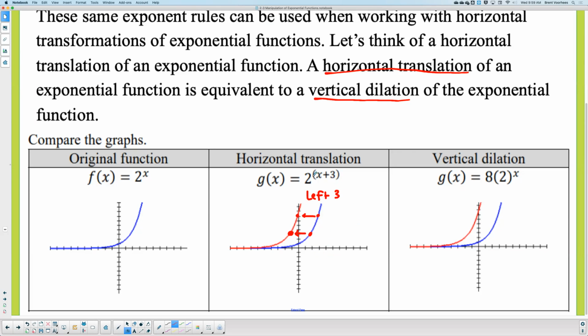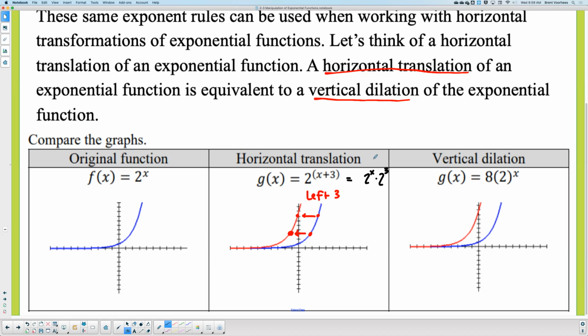But what this is saying is if I use my properties, 2 to the power of x plus 3 happens to be equal to 2 to the power of x times 2 to the power of 3. Now, why is that the case? Because what property was this? I'm going to make you go back and look at the properties.